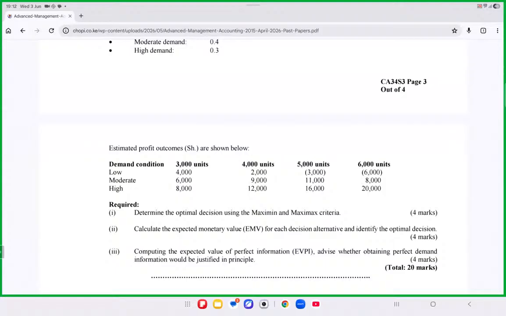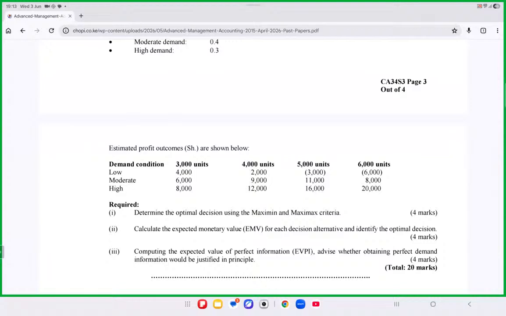I thought you should be praying for difficult standard questions. This is substandard. No, you'll still pass with standard questions. They don't have to set very easy ones. So shall I do the question?